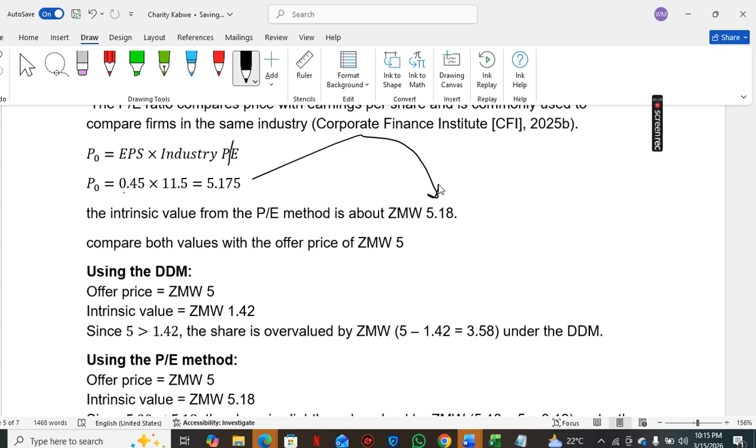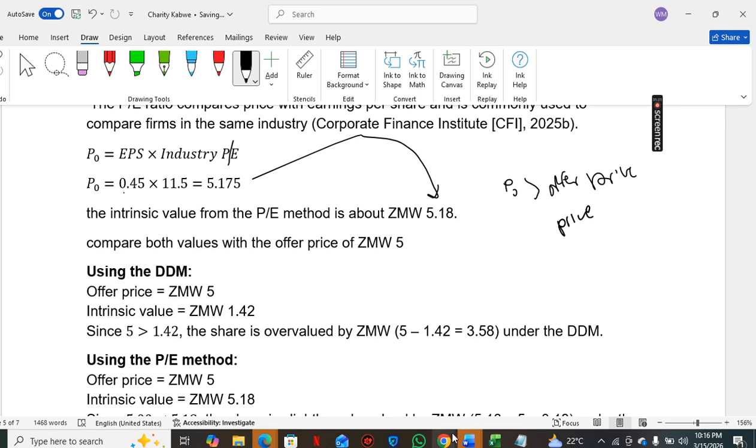So according to the PE ratio method, ZEC should sell the shares at 5 kwacha 18 ngwe. So here in this case, the intrinsic value is greater than the offer price, so it's overvalued. It's greater by 18 ngwe. So under the PE ratio method, it's overvalued.